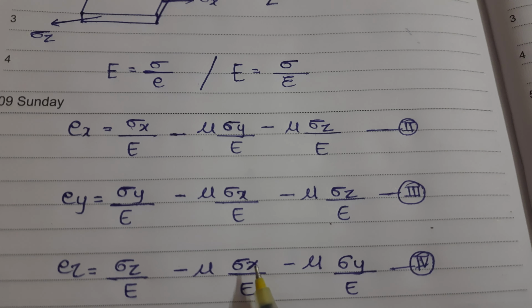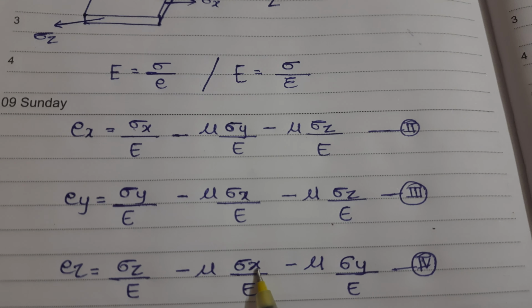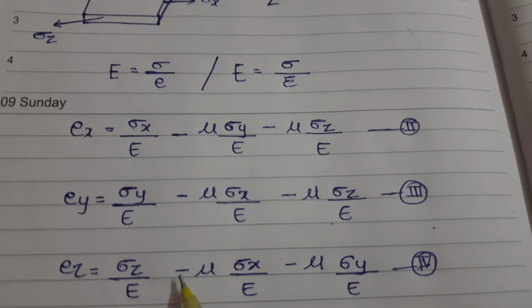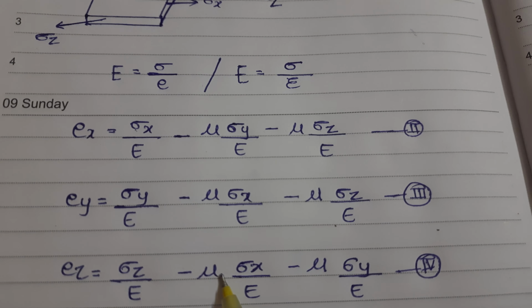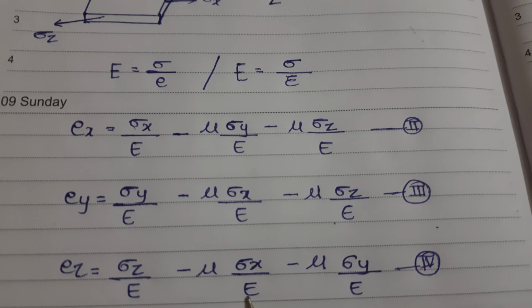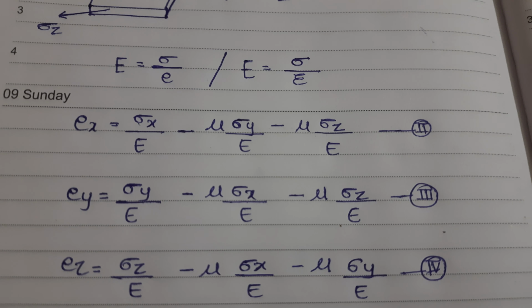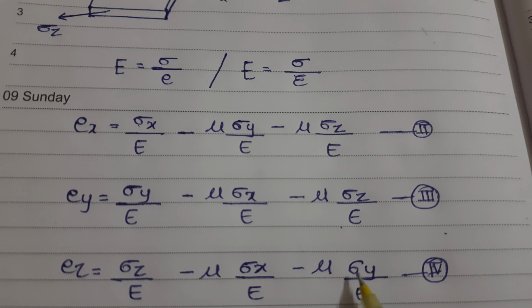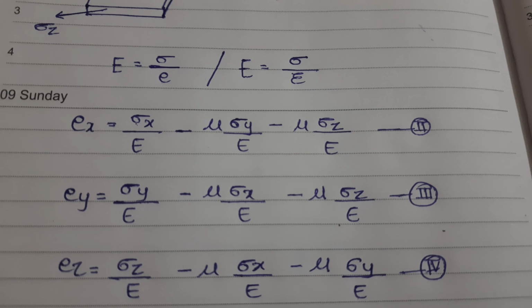Lateral strain due to sigma x is minus mu into sigma x divided by E, minus mu into sigma y divided by E.